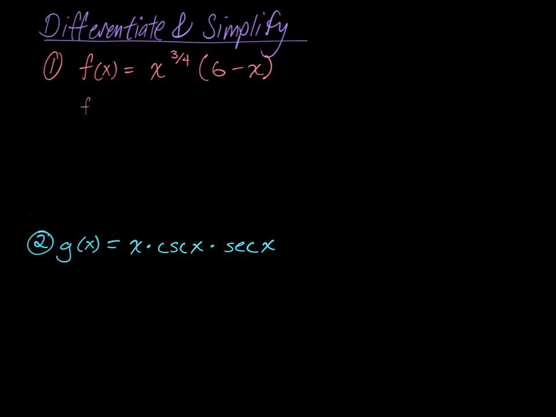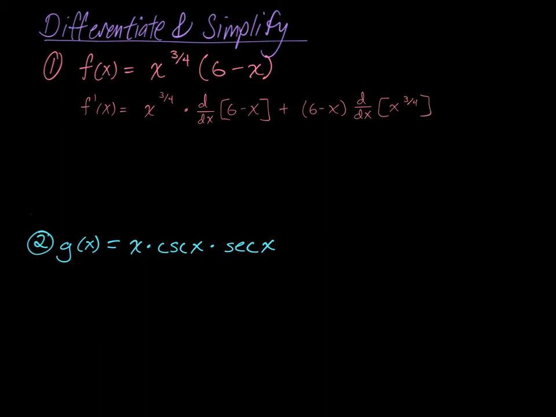And so f prime of x equals the first, which is x to the 3/4 times the derivative of the second, which would be 6 minus x, plus the second, 6 minus x, times the derivative of the first, which would be x to the 3/4.